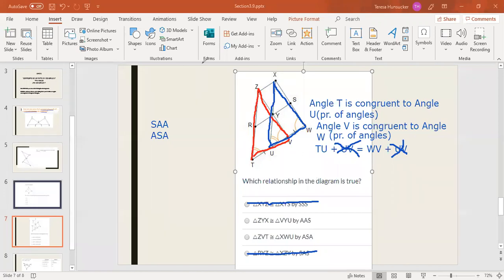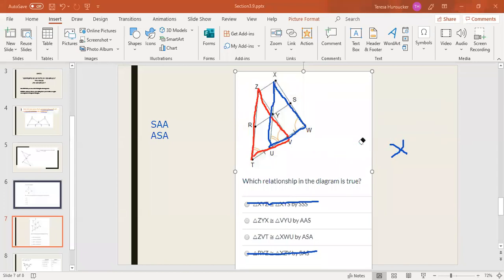Let me back up. What's T? Oh. All right, let me do this again. All right, TU plus UV equals WV plus UV.